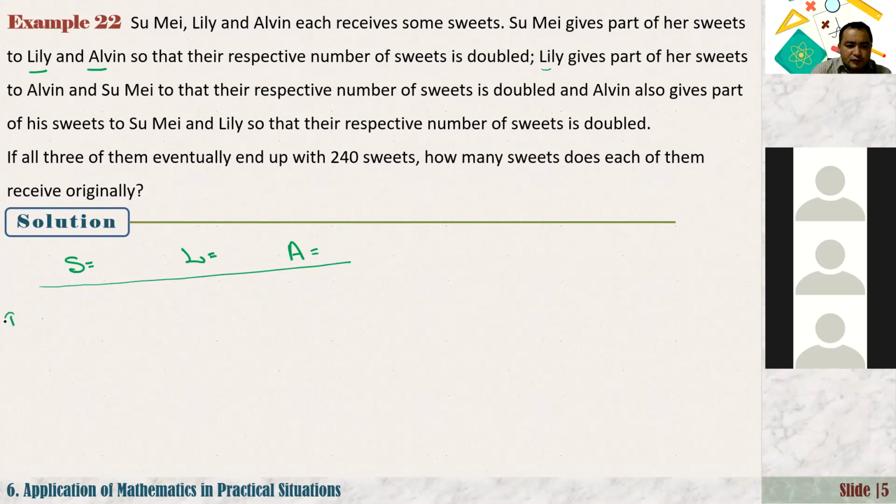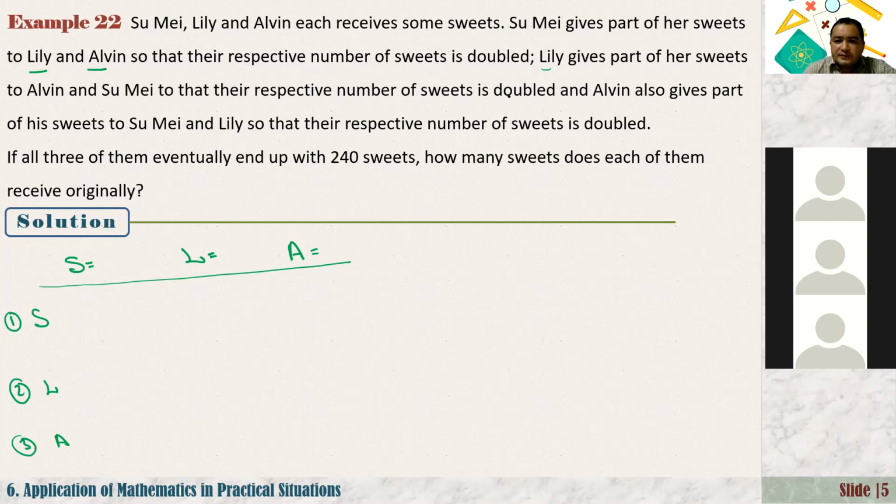In the first step, Sume is giving some to Lily and Alvin. In the second step, Lily is giving some sweets to Sume and Alvin. And in the third step, Alvin is giving some to Sume and Lily.